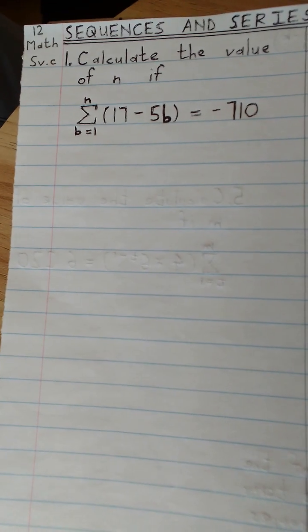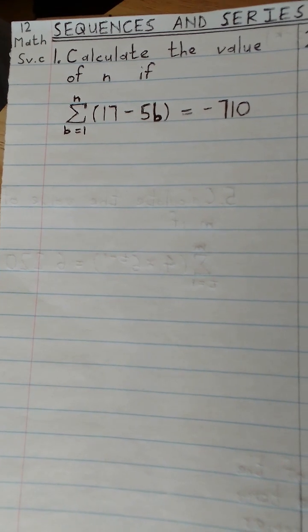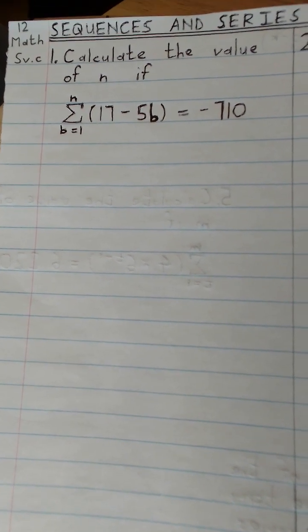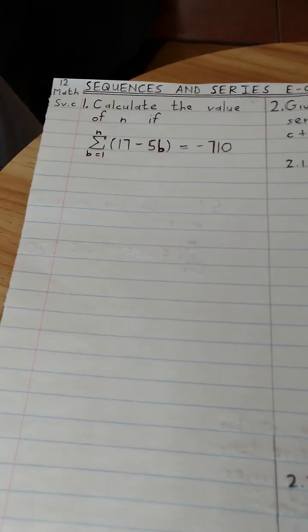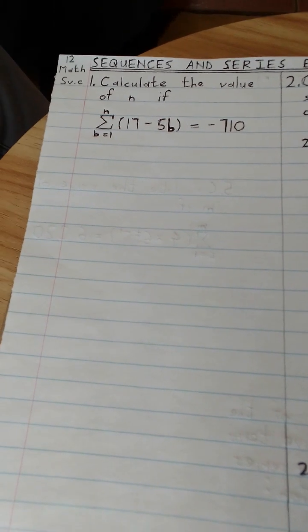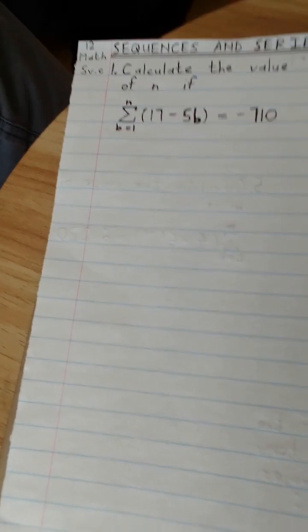Okay, so number one states: calculate the value of n if the summation of 17 minus 5b, from b equals 1 to b equals n, is equal to negative 710.